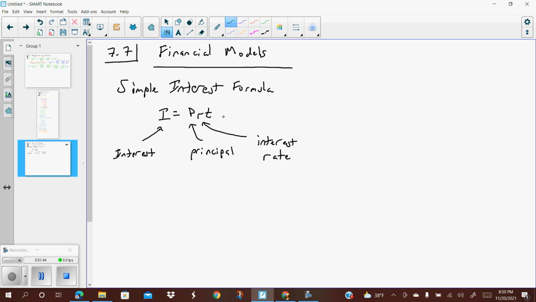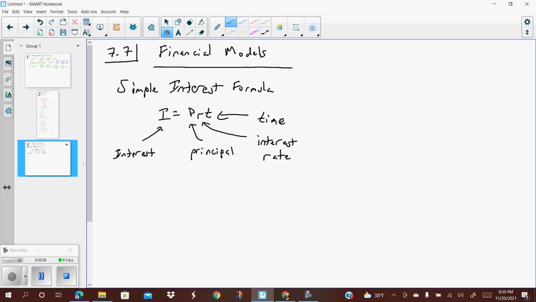And then T is the time. And that basically tells you the amount of time that you are going to allow something to sit to accumulate its interest. For purposes of the vocabulary here, most of this hopefully makes sense.